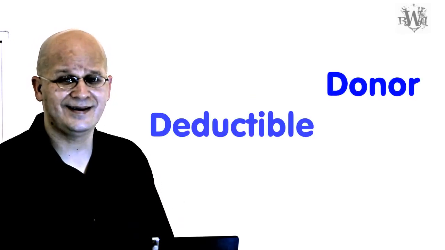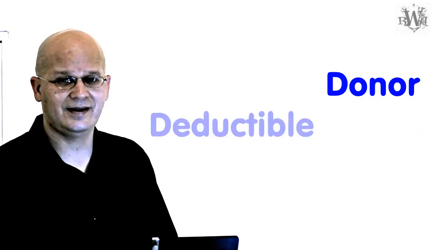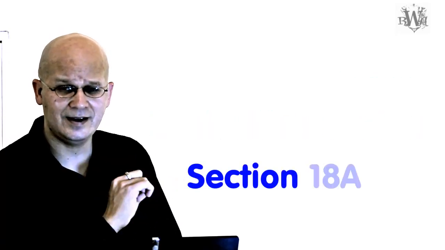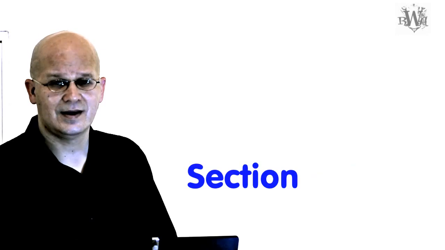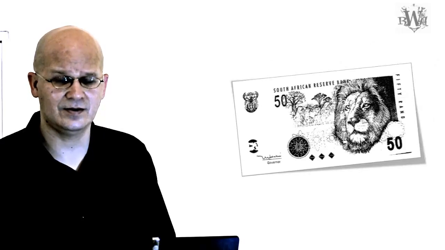The second kind of benefit is donor deductibility status, and that is dealt with in Section 18A of the Income Tax Act. Basically what it means is that if I'm a donor and I'm making a donation to a non-profit organization with Section 18A status, that organization will give me a receipt.